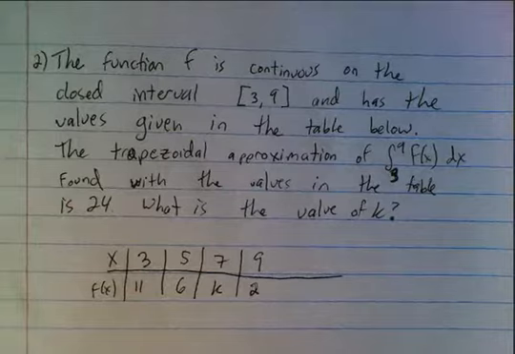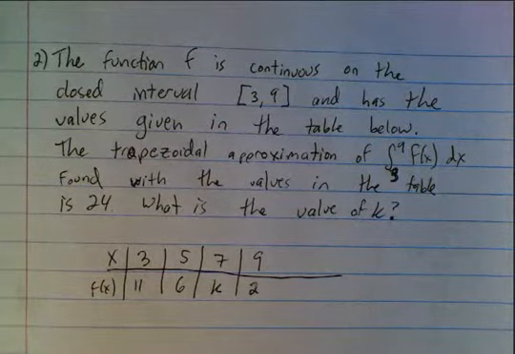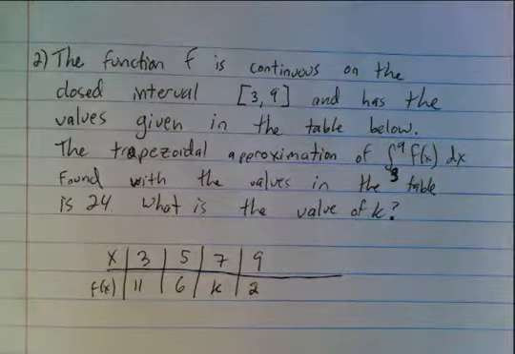In previous lessons, we've been given values in a table and then used those values to estimate the integral of a function. In this problem, we're going to be given the value of the estimate, and then we're going to have to find something else, going backwards in a sense. So this problem says the function f is continuous on the closed interval from 3 to 9, so those brackets just mean including 3, including 9, and it has the values given in the table below.